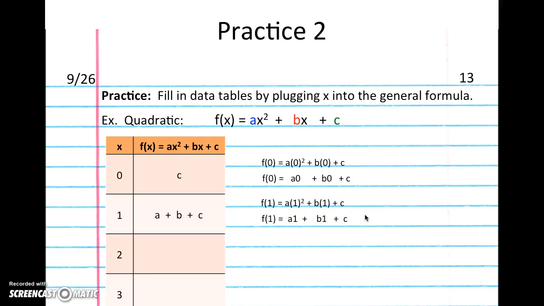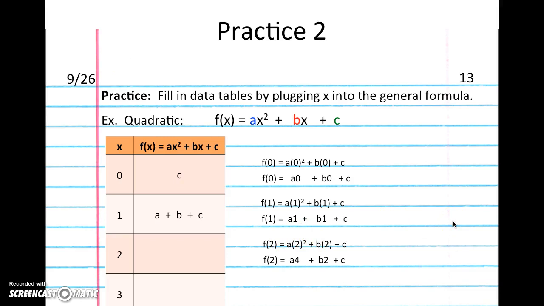Last but not least, I'm going to do this again with 2 and 3. So with 2, I get f of 2 is equal to a times 2 squared plus b times 2 plus c. 2 squared will give me 4. So this becomes a times 4. And b times 2 is just b times 2, and that's c.